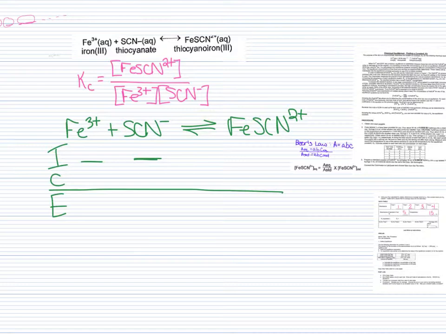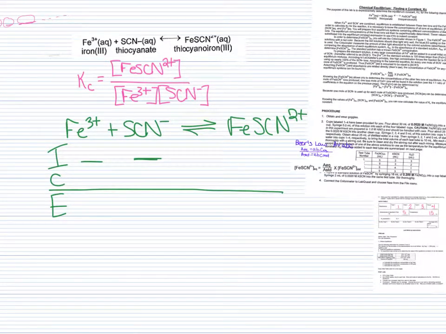Okay, cool. Next, we know that we started with 0 of this stuff. Now we know that our change is going to be a minus X for my reactants, and this one's going to be plus X. So you're going to have Fe initial minus X for this.